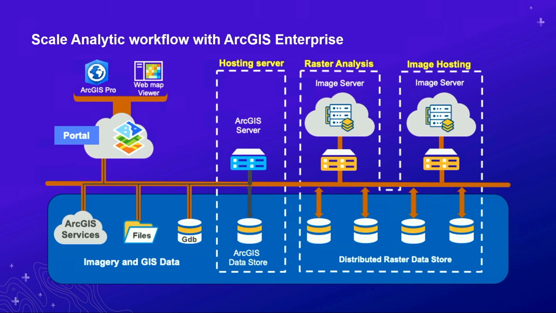And you have all these different ArcGIS servers that perform different roles and are federated to the ArcGIS portal. You have a hosting server that is used to store hosted feature data. And you have a raster analytics server that can potentially have many different server nodes to perform a large collection of imagery or raster analysis in parallel, utilizing all these multiple server nodes. And you can also share your results as an image service on the image hosting server.